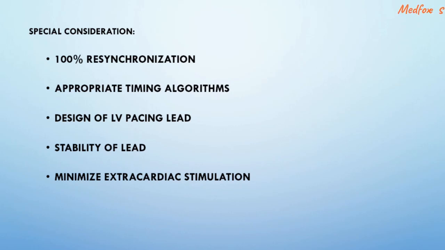In order for patients to benefit, as close to 100% of QRS complexes should be resynchronized, that is paced or paced with capture. CRT pulse generators require particular timing algorithms to maximize biventricular pacing, and LV pacing leads employ special design to maximize stability and minimize extracardiac stimulation.